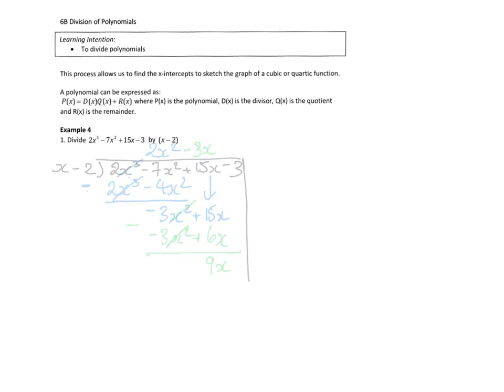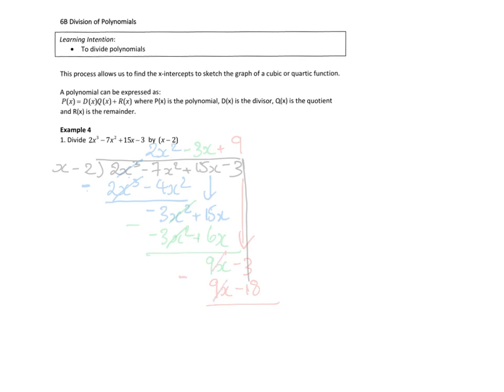All right, we start the process all over again. This time now we bring down the minus 3. And we say, how many times does x go into 9x? Or x times what gives 9x? And the answer is 9. So we get 9 times x is 9x. 9 times minus 2 is minus 18. Again, subtract. So those two things cancel.